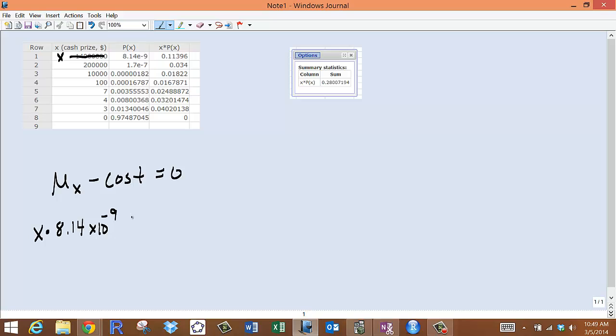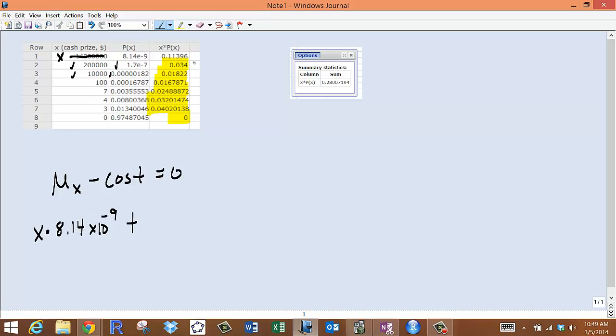Okay, and then plus the next term here, plus this one, plus this one, plus this one, plus this one, plus this one, plus this one. And all of those will be numbers, because this is a number, and this is a number, and so on and so forth. But this first one here is going to be unknown.